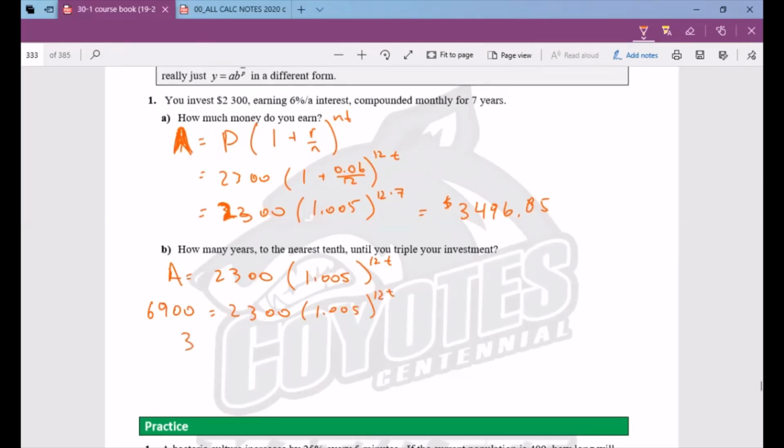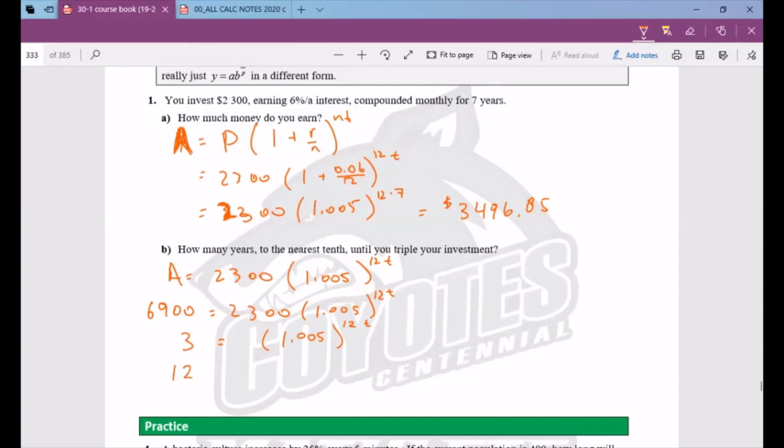Notice that it doesn't matter when we divide both sides by 2300. It doesn't matter how much we started with. You may have started with 2,300 in your account. You may have started with 10,000 in your account. It's not going to matter to answer this question, how long does it take for you to triple your investment? So we end up with 3 is equal to 1.005 to the 12t.